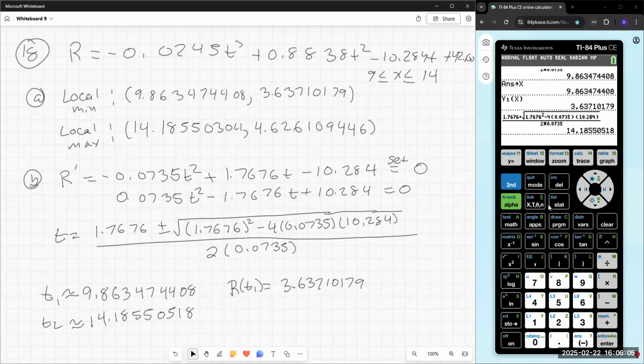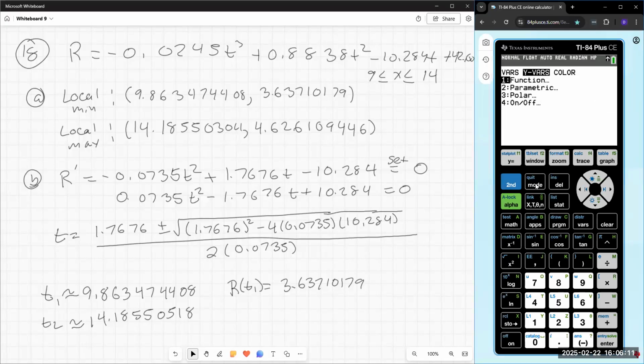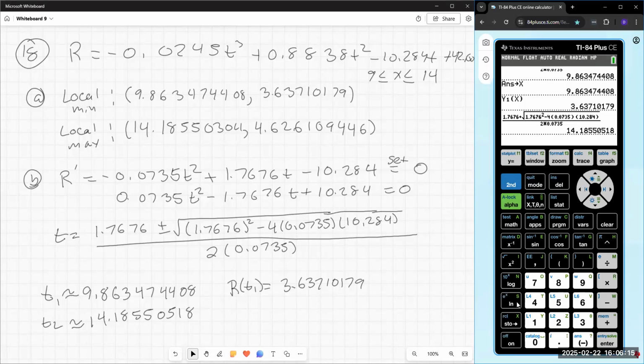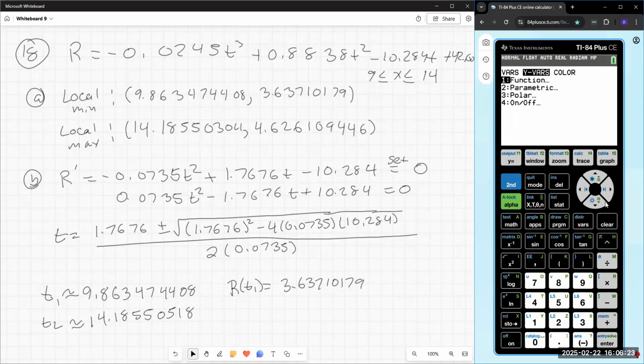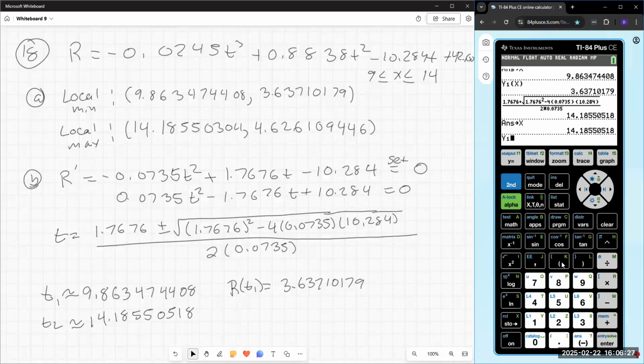And we're going to now store that as our x value, and Vars, Y-Vars, function y1 at x.